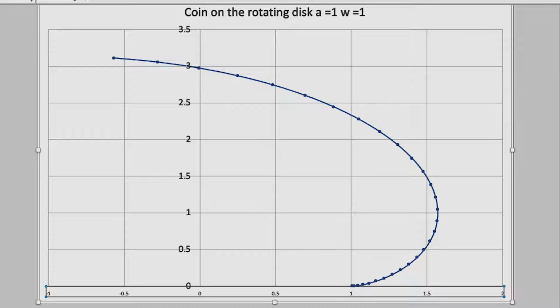It starts somewhere on the horizontal x axis, at 1, and see how it turns, how it goes away from the origin. The distance from the origin is increasing, and then it is curving, it is curving, and then finally it goes towards the edge.